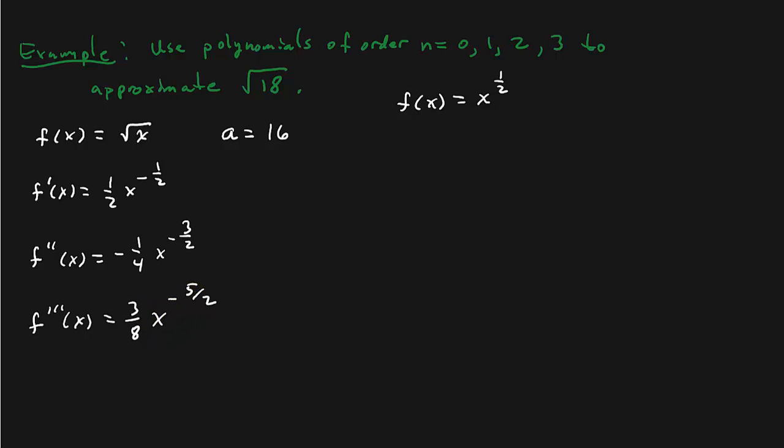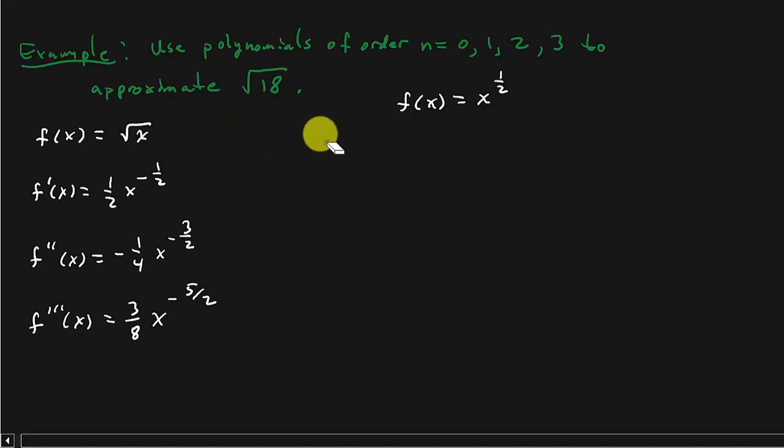And then I'm going to need to evaluate each of these at 16. So let me move this a equals 16 out of the way. I've got f of 16 is equal to the square root of 16, which is 4. F prime of 16, I'm just plugging 16 in for x, is going to be 1/8.